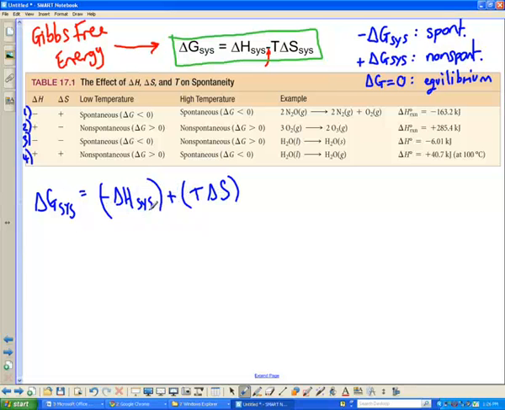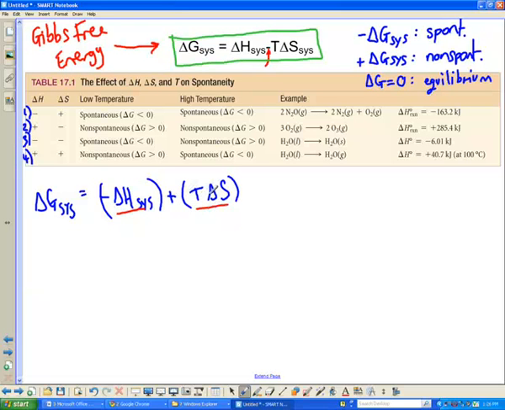And so the thing that's important then is, well, which of these is bigger in magnitude? Is the delta H bigger in magnitude, or is the T delta S bigger in magnitude? Because that's going to determine whether it's spontaneous or not. And that's where temperature can be important. In order for my reaction to be spontaneous here, I want my delta H to be very large, or my magnitude of this to be bigger than this.